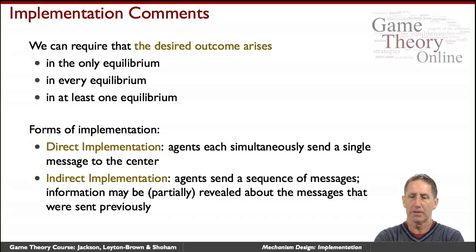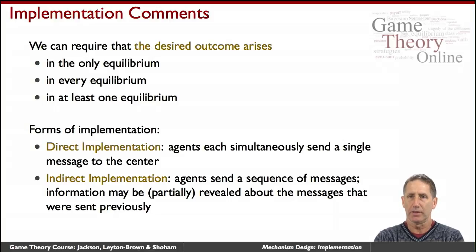In a direct implementation, agents send essentially a single message to the mechanism designer, the center, disclosing whatever they need to disclose about their type, and then the rest happens within the mechanism, whereas in indirect mechanisms, there's an iterative process of messaging back and forth.